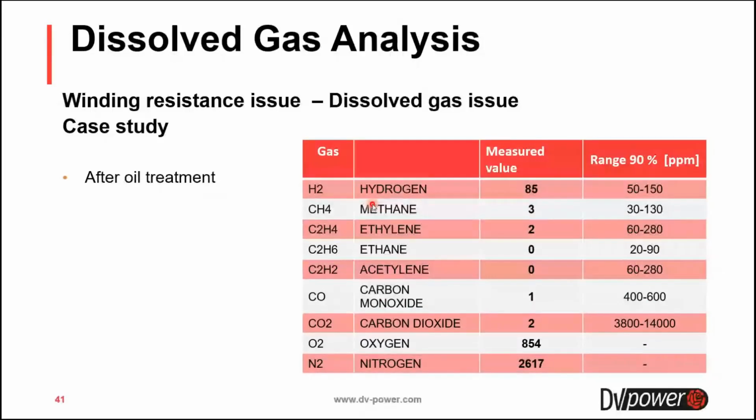After we finish repairing the unit, we do oil treatment. Why do we need to do oil treatment? Because after the faults, many gases stay trapped in the oil, and we can't decide, when we use the oil next time, whether the gases are from a new fault or from the old fault.